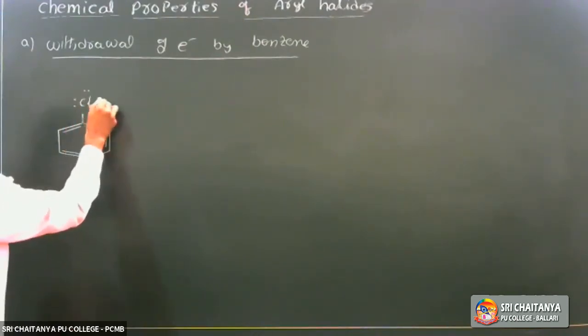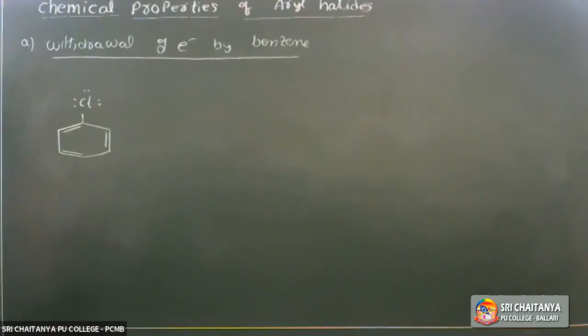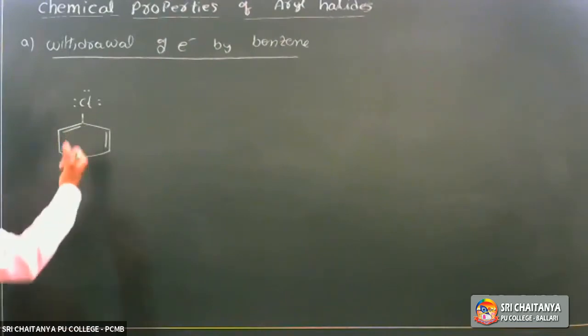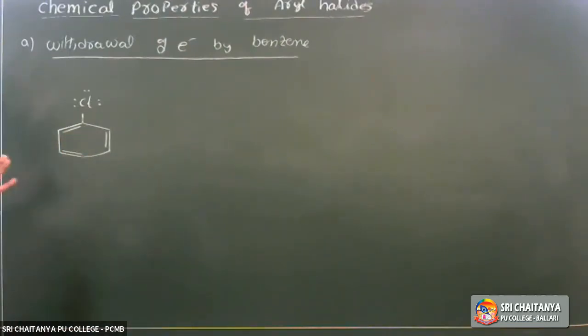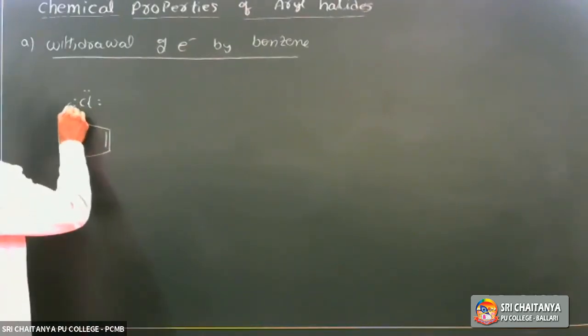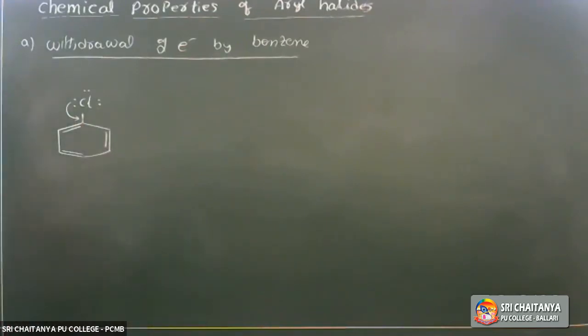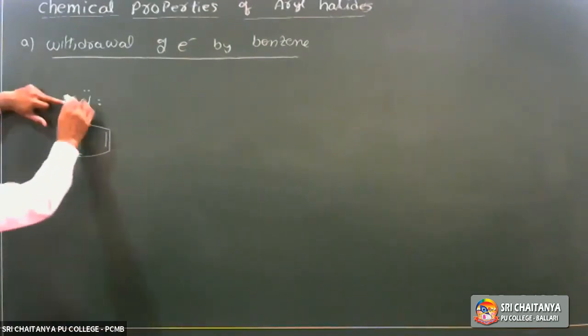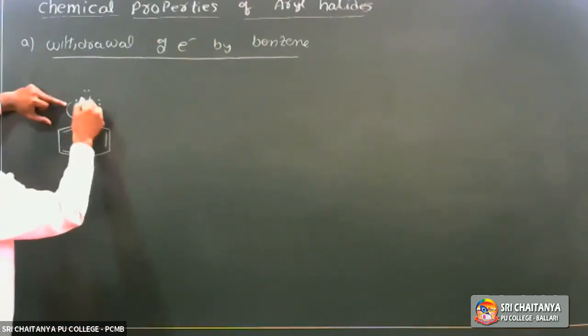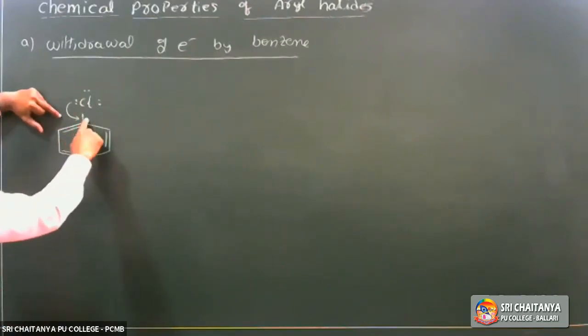The benzene ring has an electron withdrawing nature, so it attracts the lone pair of electrons present on chlorine, and a double bond is formed.